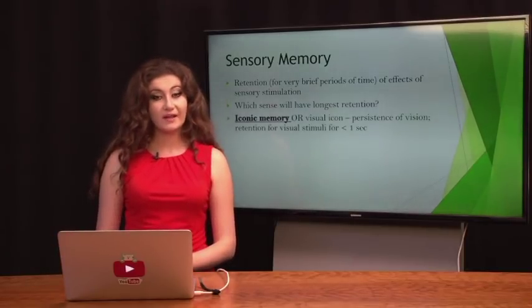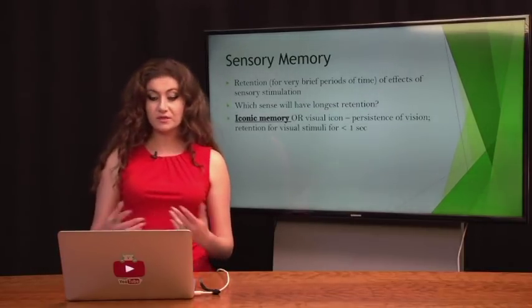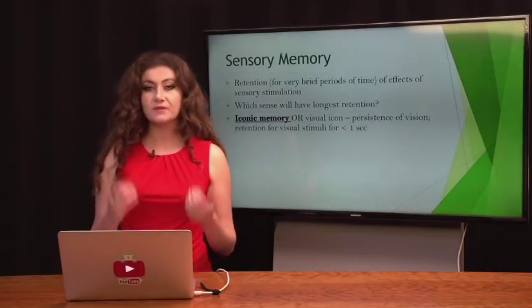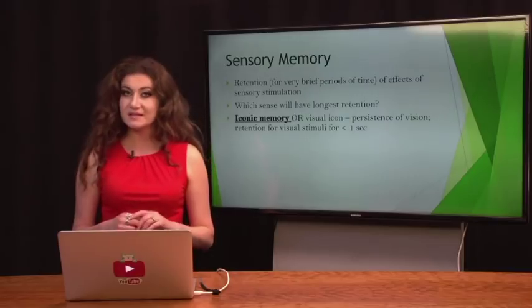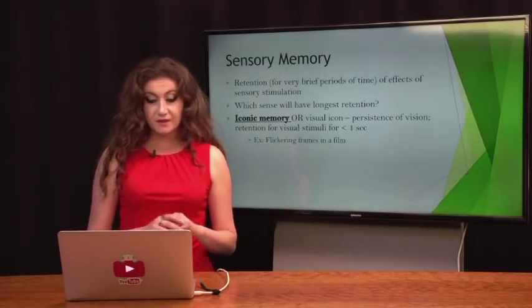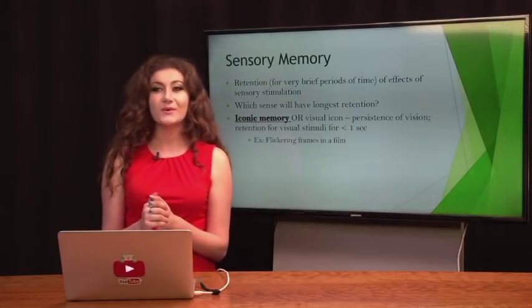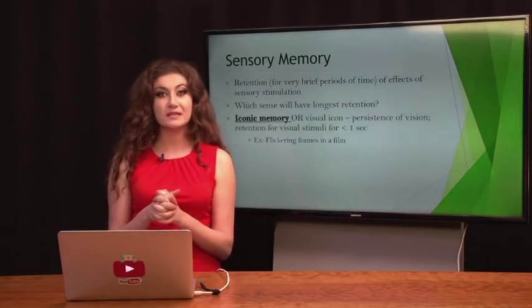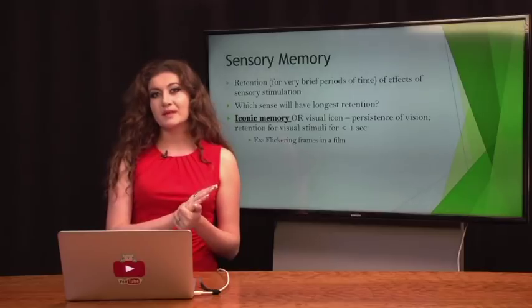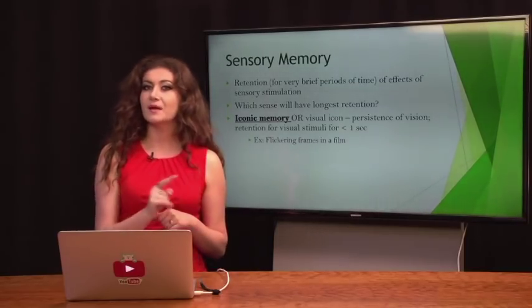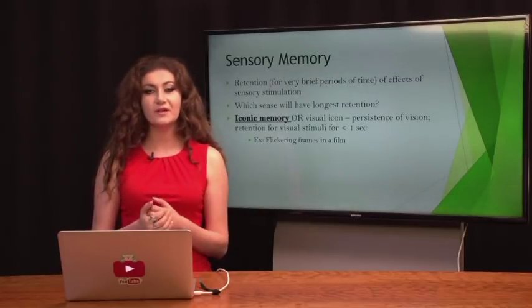We have iconic memory, or visual icon, which is the persistence of vision. This is the retention of visual stimuli, and this lasts for less than 1 second. An example of this is the flickering frames in a film. I'm not sure if any of you have ever seen how old movies were made, but basically there are 26 frames that make up 1 second of a film.